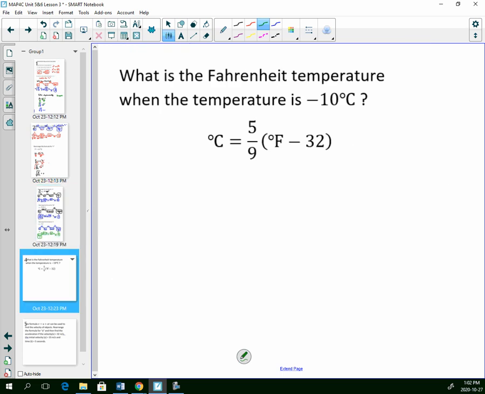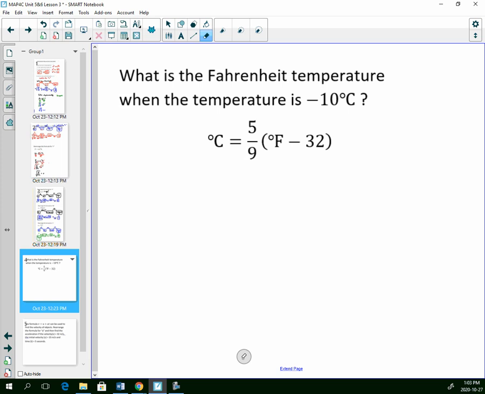All right. So here is a word problem. It gives us a formula for temperature in Celsius, and then it wants us to find the temperature in Fahrenheit. So what we're going to do is isolate the formula for Fahrenheit first.